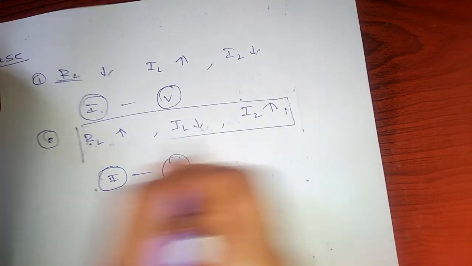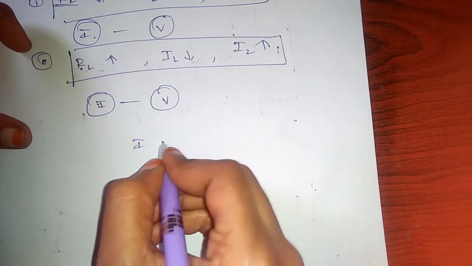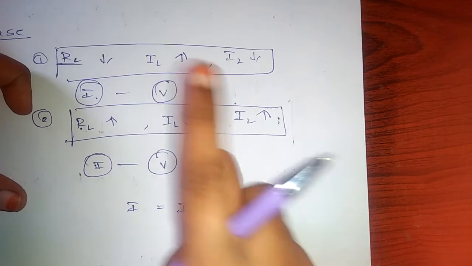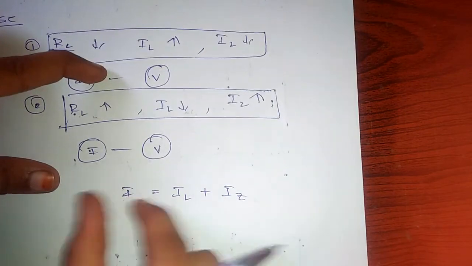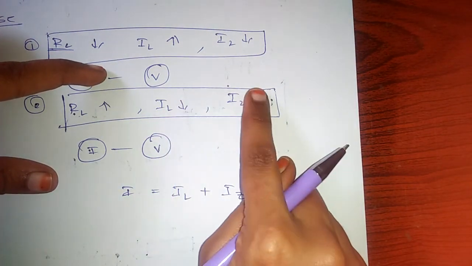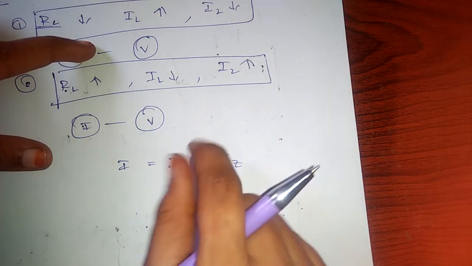How is this balanced? By means of I equals IL plus IZ. So if IL increases, IZ decreases, keeping I constant. If IL decreases, IZ increases, balancing and keeping I constant.